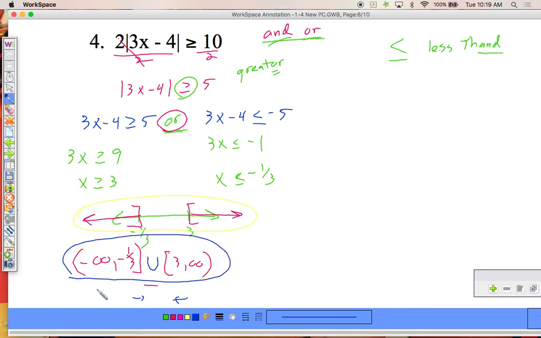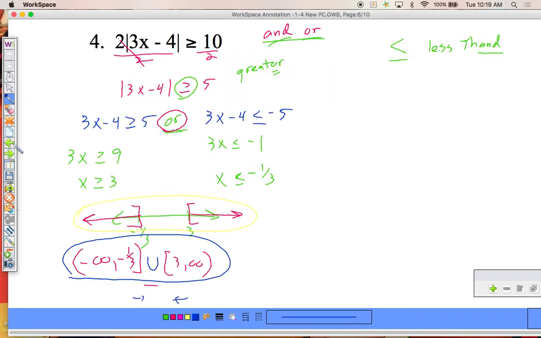If you don't write the U between it, I'm going to be okay, and I'll understand. But we have to recognize when we do this, if the back of the book or somewhere else has a U in it, that's putting two sets of numbers together. All right, so for an OR statement, I want everything. You only have to satisfy one of them.